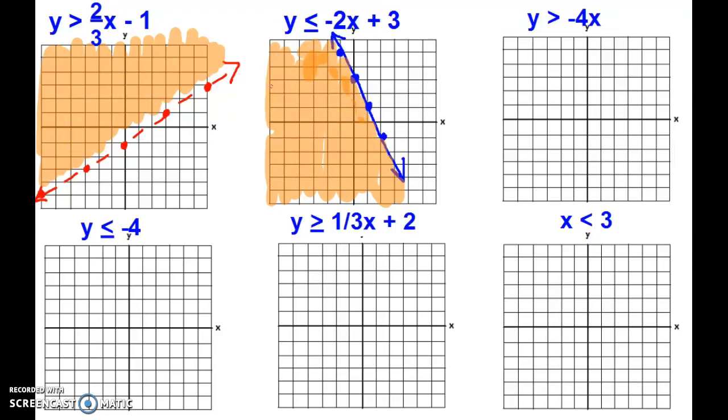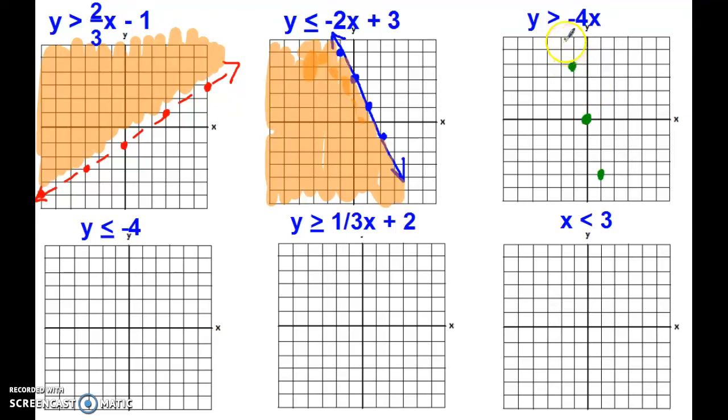All right, moving on. Let's change the color again. So y is greater than -4x. The slope of this line is -4 over 1, and the y-intercept is 0. So we start at 0, and then we go down 1, 2, 3, 4 to the right 1, and up 1, 2, 3, 4 to the left 1.